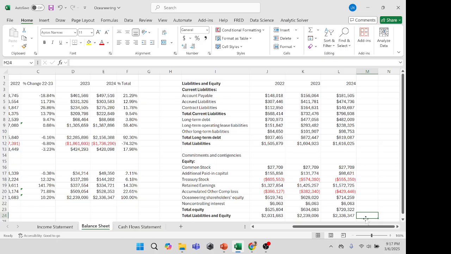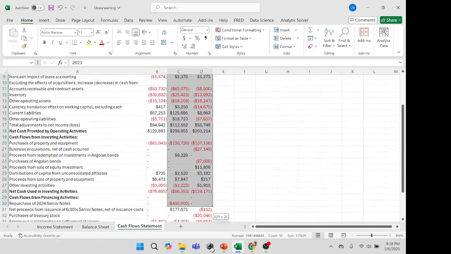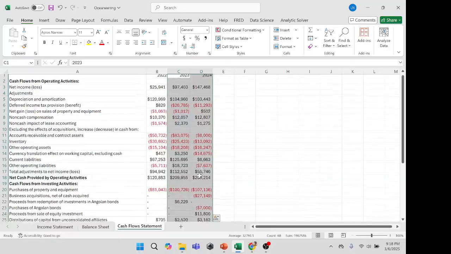And that's going to give you the percentage of total. All right, and like I said, on the cash flow statement, you can only do the percentage change.